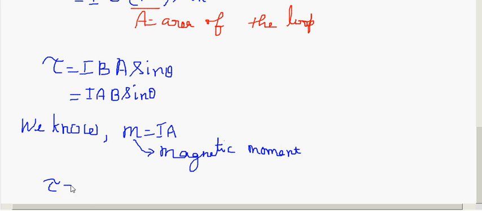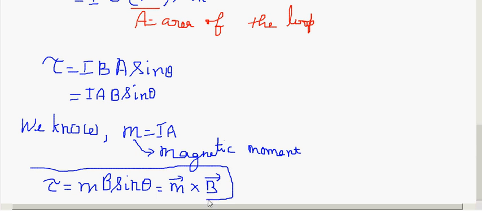Therefore torque can be written as m B sine theta, or it is also equal to m cross B. So the torque is given by m B sine theta or m cross B, because m is the magnetic moment or magnetic dipole moment of the current loop, and the direction is directed in the direction of the area vector.